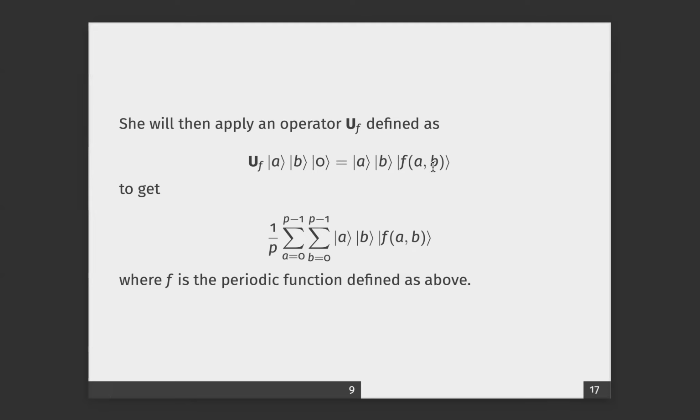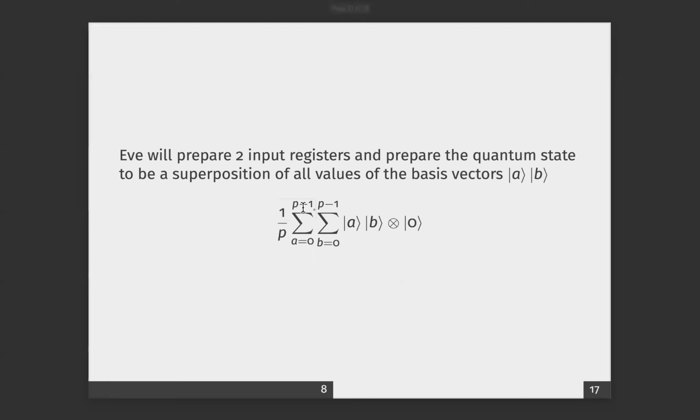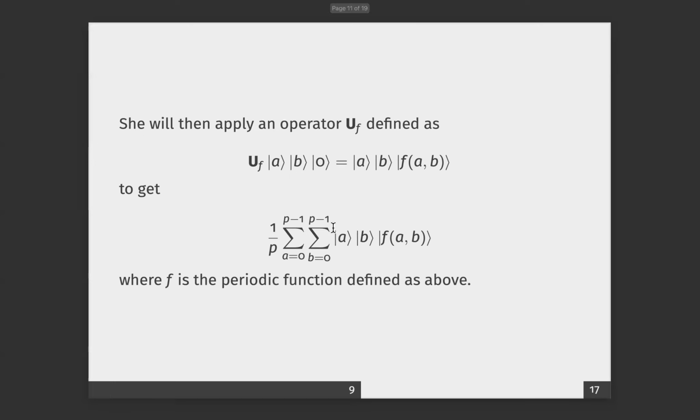Okay, it's the standard. So if you do that, you actually apply U of f to the previous expression. The previous expression is this one here. So you apply U of f here, which means that expression will become something like this. f is a periodic function.